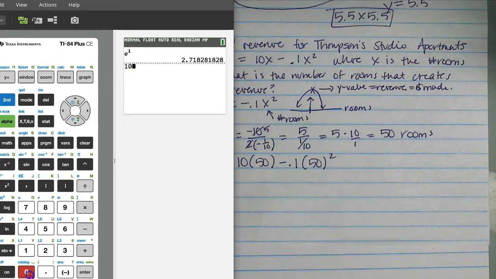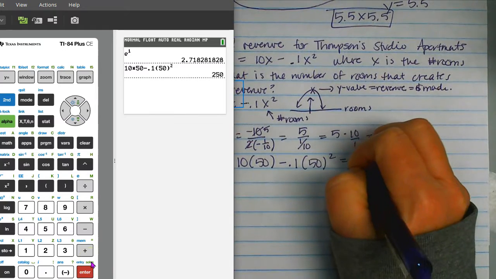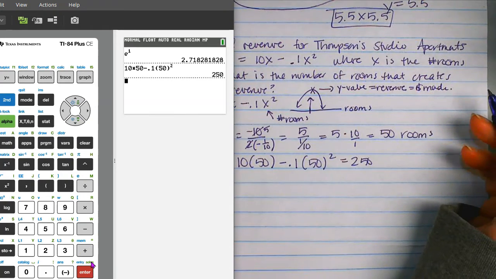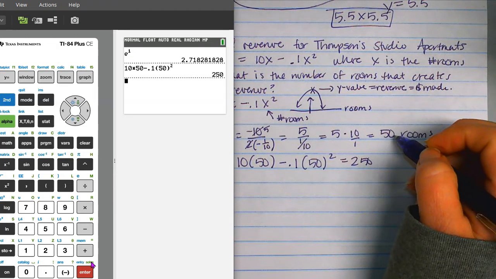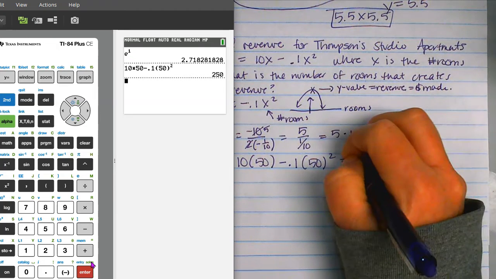I've got 10 times 50, subtract 0.1, parentheses, 50, parentheses, squared. It's just going to square what's in the parentheses, and I get 250. So if this is one night at a hotel, they would make $250 if they rent 50 rooms.